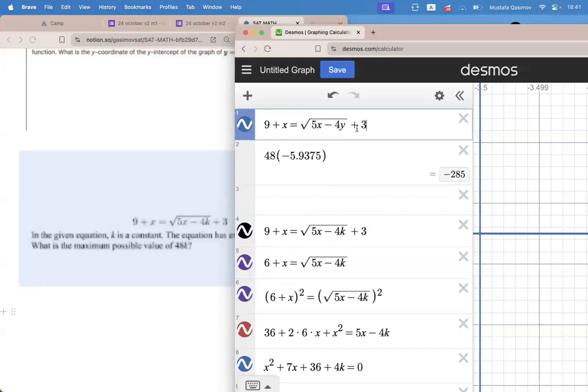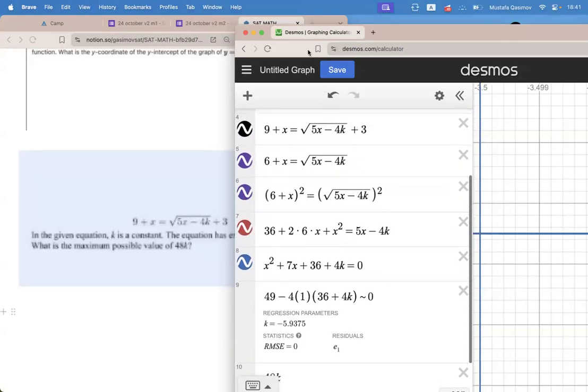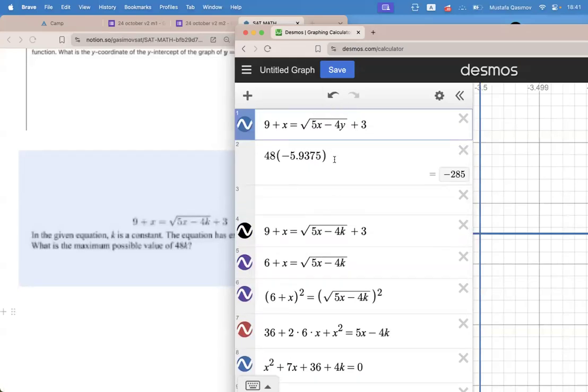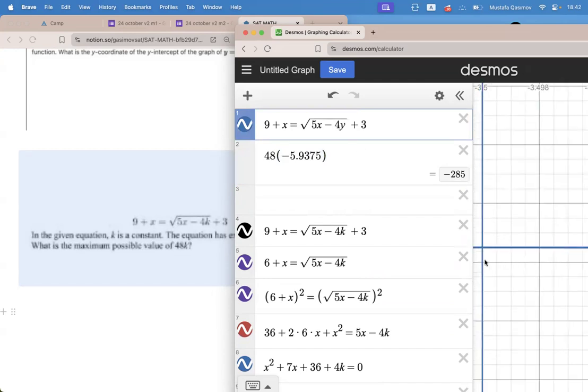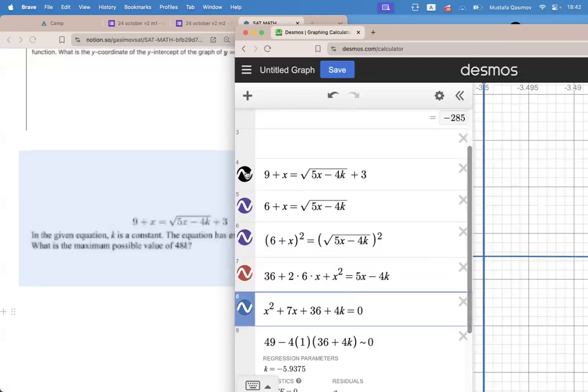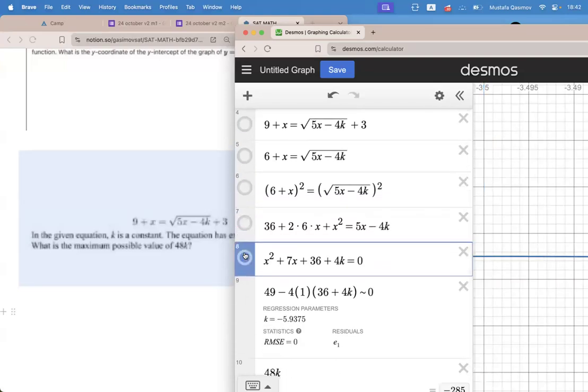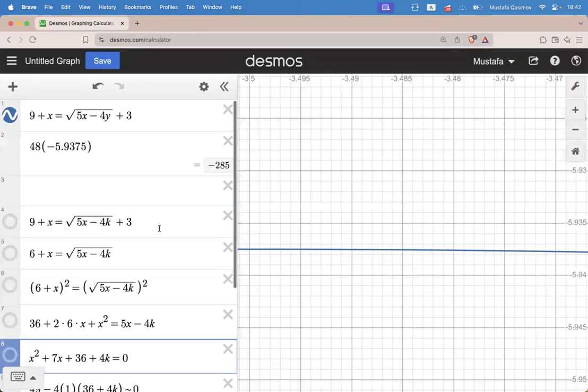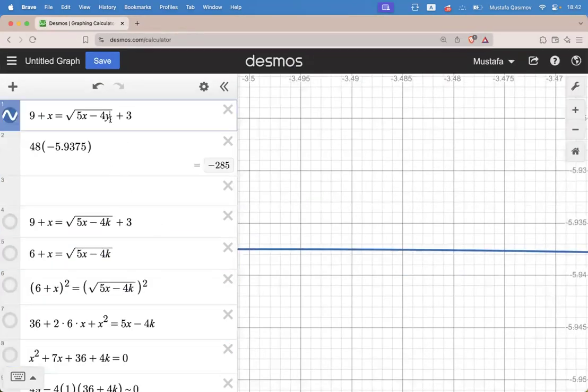Bu yuxarıda sizin elədiyiniz Desmosu bir də deyə bilərsiniz. Bu yadındaysa, we must write here k. When you write, no, it's k. We must write here y. Y yazanda vertex verir. Bunların hamısına bağlayaq. Baxın, when you have an equation and it asks about number of solutions, no solution, one solution, etc., you can write instead of k, y.